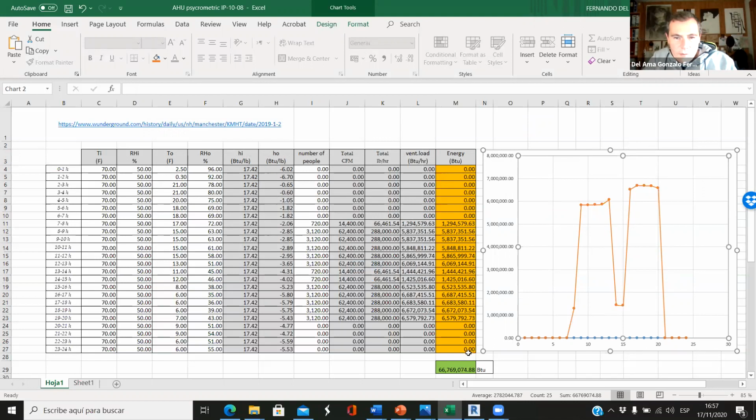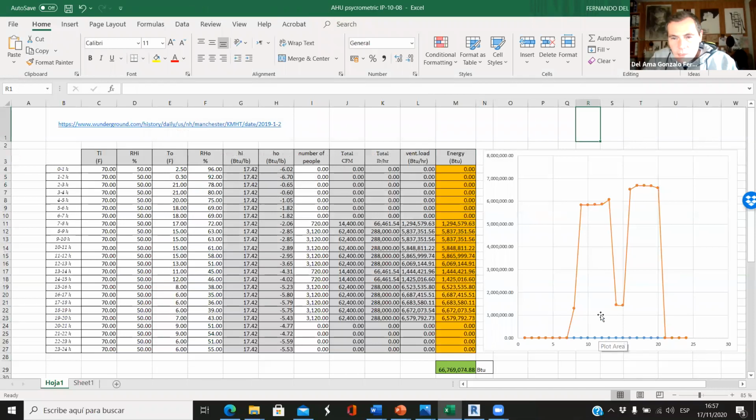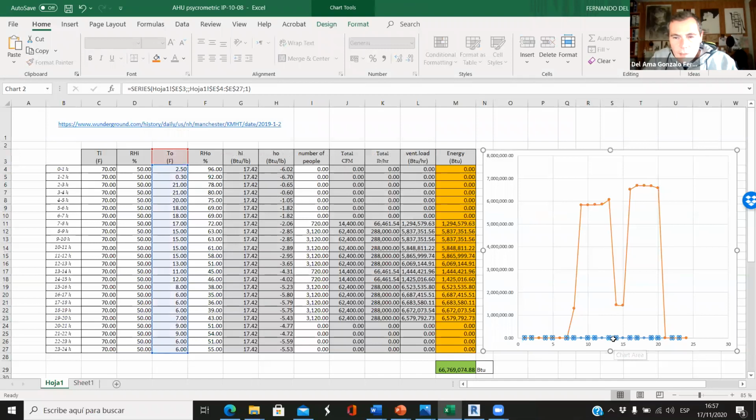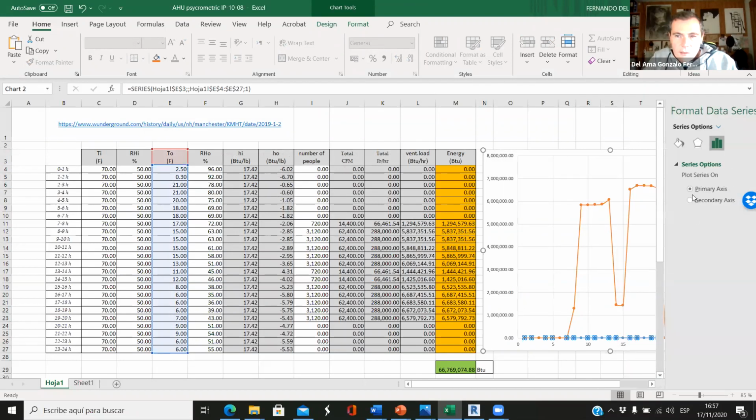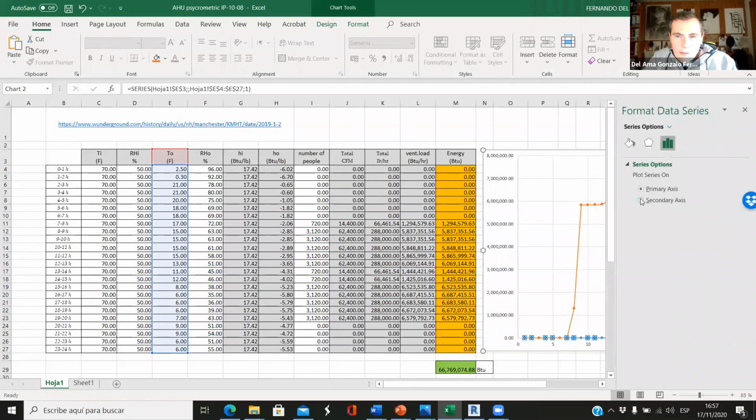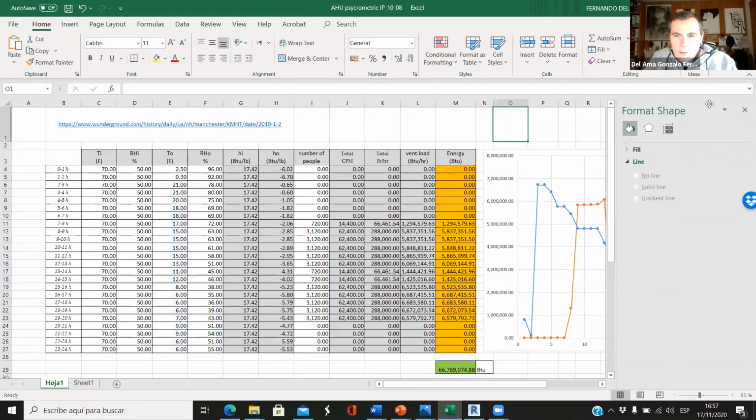Okay, and if you remember, here we have the energy and here we have the temperature. The energy ranges from 0 to 8 million, and the temperature ranges from 2 to 15. So that's why we have to select the temperature, right click, format data series, and select secondary axis. There you go.